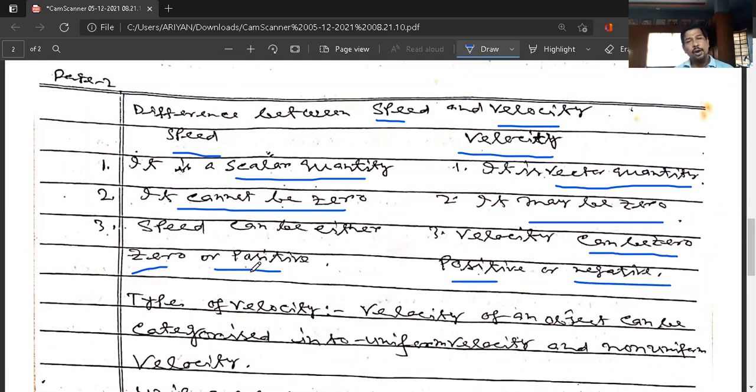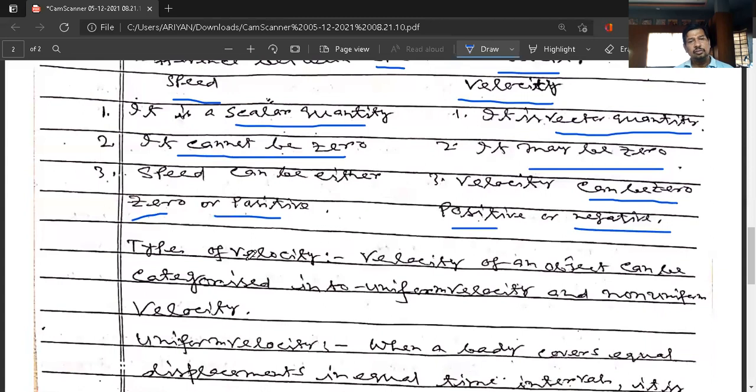Speed is a scalar quantity, or velocity is a vector quantity. Two number, speed cannot be zero, or velocity may be zero. Three number, the speed can be either zero or positive, or velocity can be zero, positive or negative.